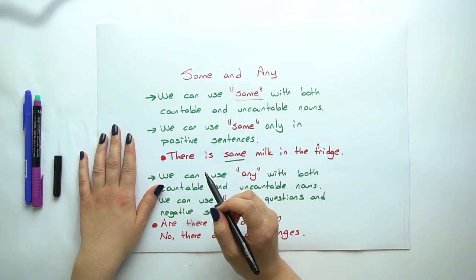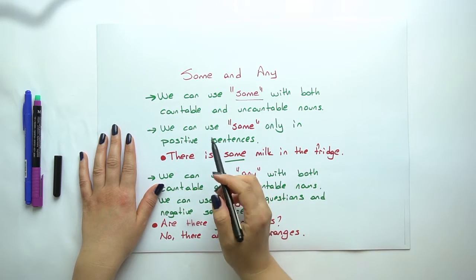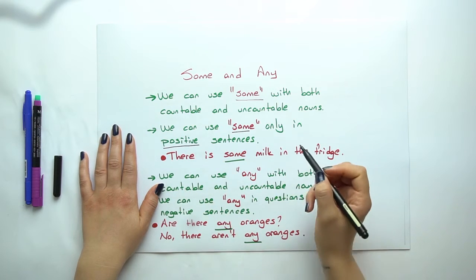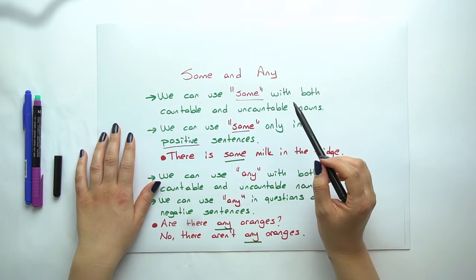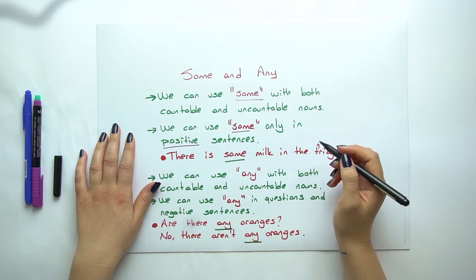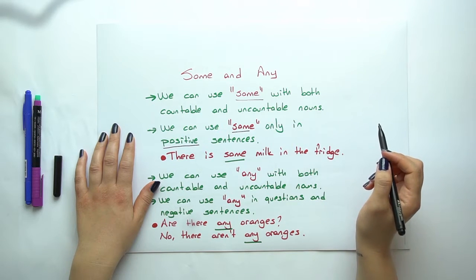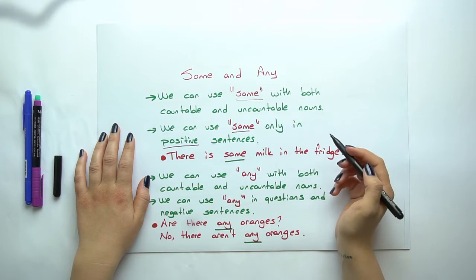Some has a positive meaning, okay? So that's why we can use some only in positive sentences. Please be careful about this part. We can't use some in questions or negative sentences.